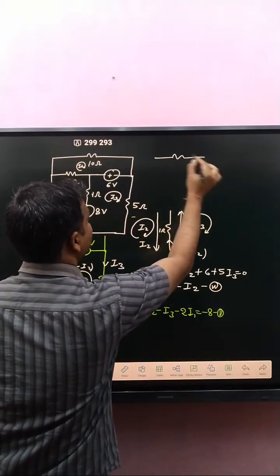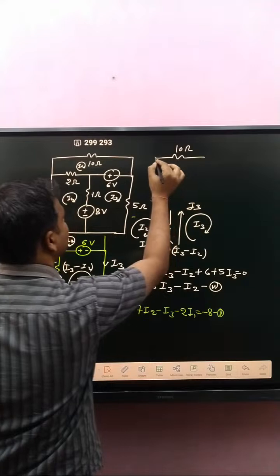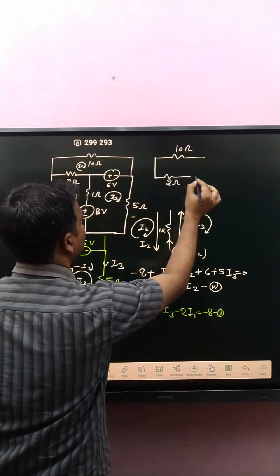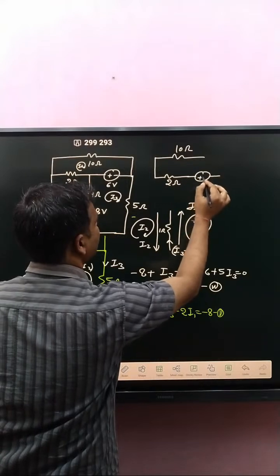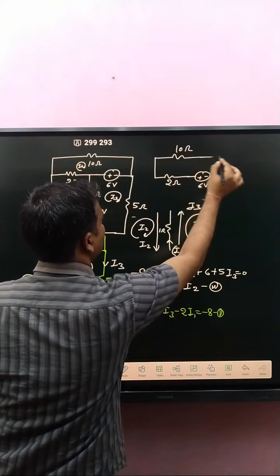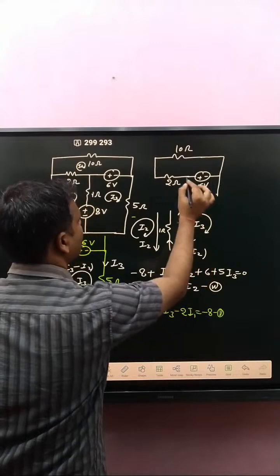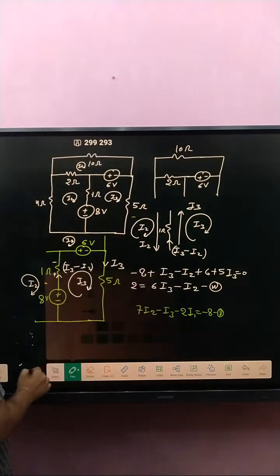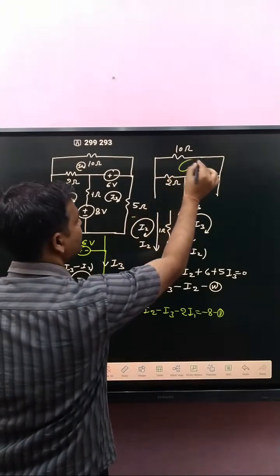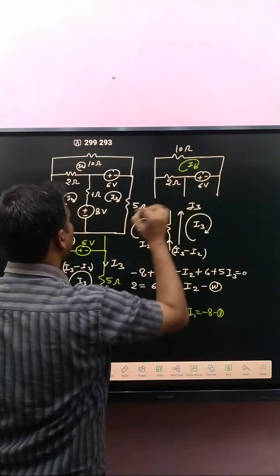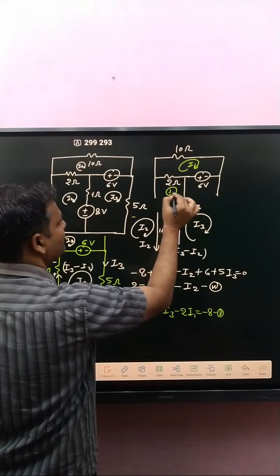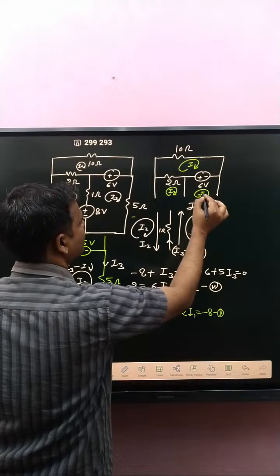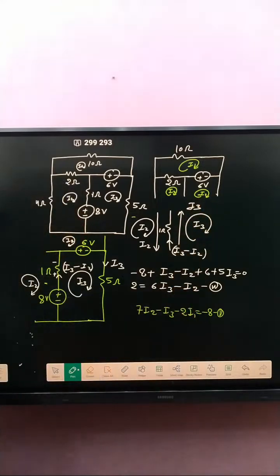That is 10 ohm, and here 2 ohm, and here plus minus 6 volt. Okay, we have considered that is loop I1, here I2, and here I3.